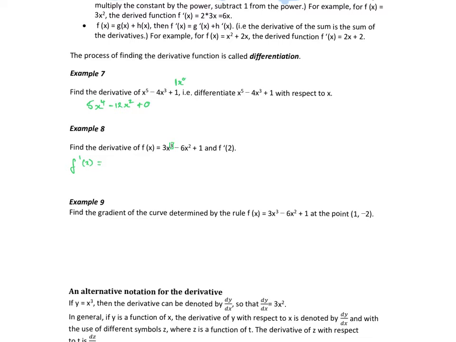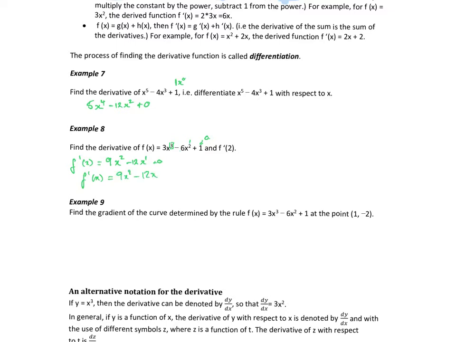So I get 3 3s are 9x, take 1 from the power. 2 times negative 6 is negative 12x, 2 minus 1. Take 1 from the power, and again we spoke about the constant there is 0, so I get f dashed of x is equal to 9x squared minus 12x.